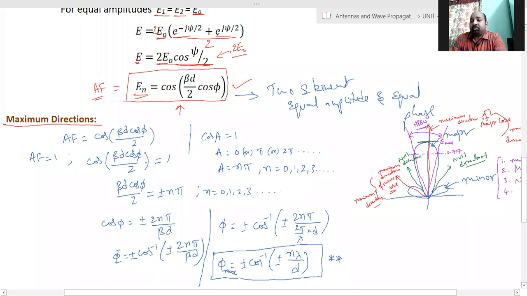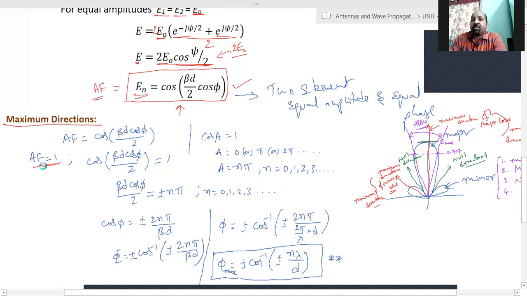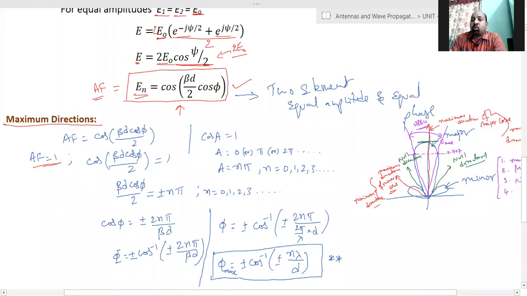Maximum directions. Radiation is maximum when the array factor is maximum, right? So therefore, the array factor is equal to 1. That means cos(beta d cos phi by 2) is equal to 1, and cos A is equal to 1.